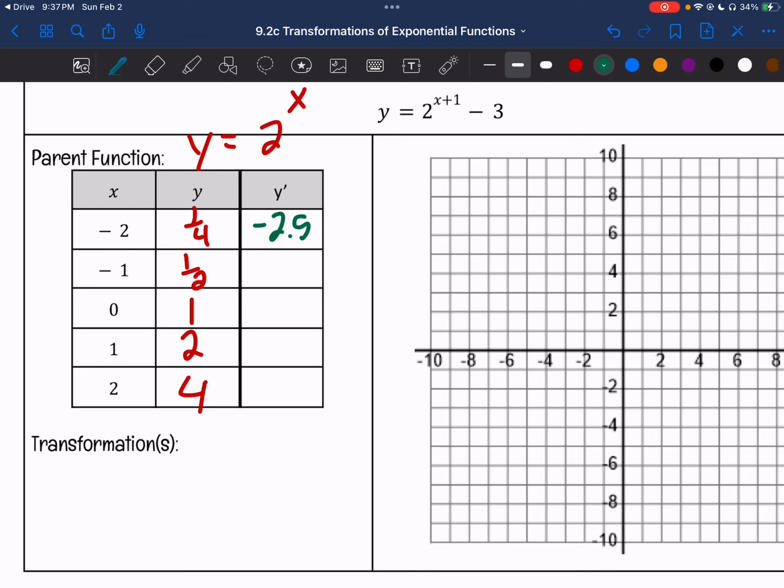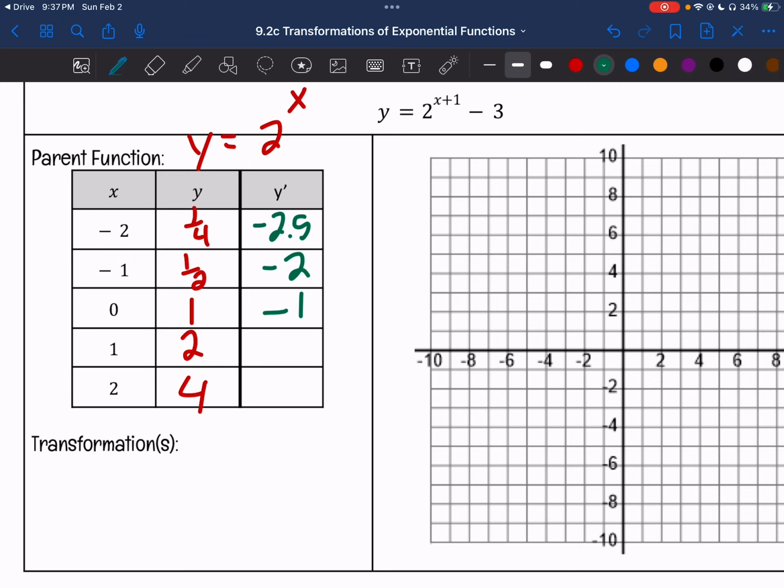Negative 1 plus 1 is 0. Anything to the 0 power is 1. 1 minus 3 is negative 2. Next up, we have 0. 0 plus 1 is 1. 2 to the first power is 2. Minus 3 is negative 1.